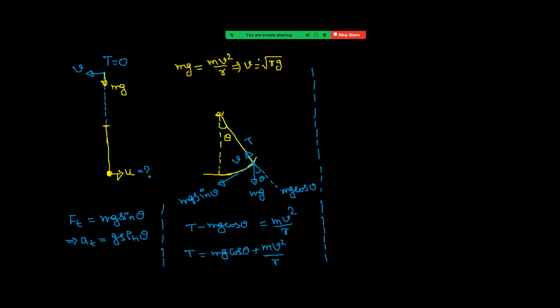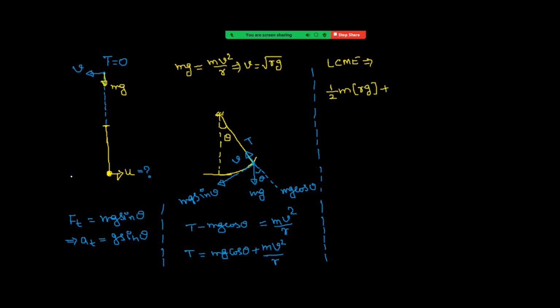This is now the speed at the highest point. Now we can find the speed at the lowest point by using the law of conservation of mechanical energy. At the highest point, kinetic energy is half m v square, which is rg.